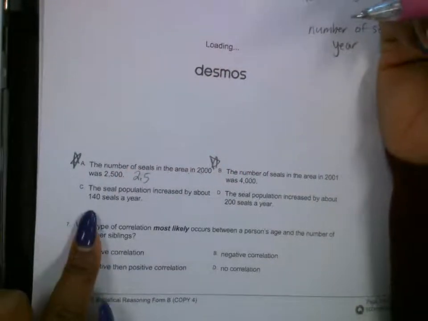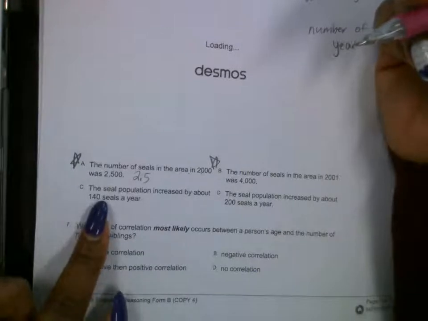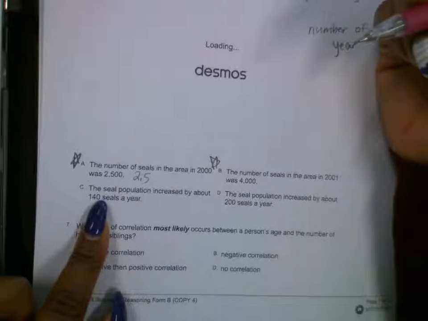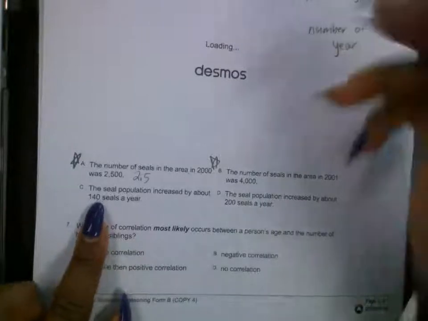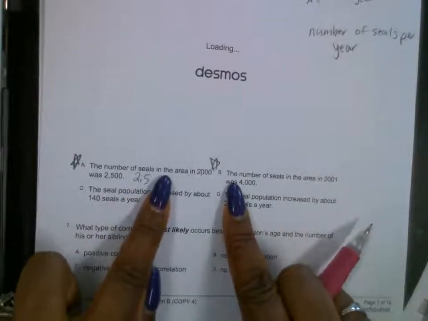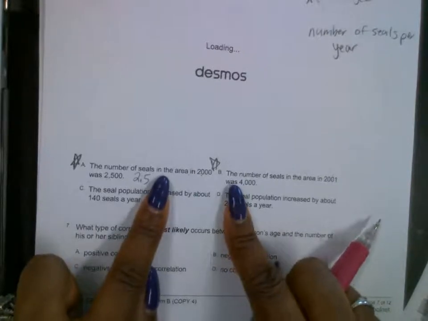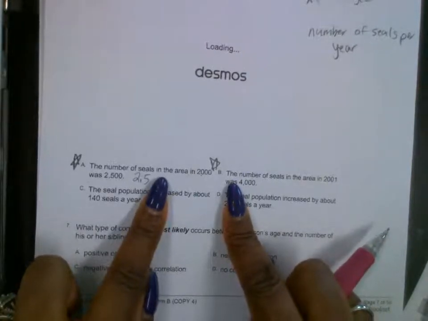Okay, this is more slope. So it's increasing by 140, or it's increasing by 2. Okay, so see, even though they're both true, it's not talking about the slope.